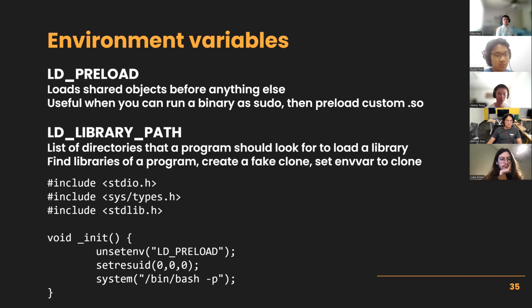In this case, we're removing LD_PRELOAD, basically unsetting it so that it doesn't interfere with our exploit later on down the line. We also have setresuid, which sets the effective, real, and saved user IDs to 0, which is root. This allows us to execute whatever we want as the root user, or the user with the ID of 0. Then next, we just execute bin/bash -p like we've seen before to get an elevated shell as root.